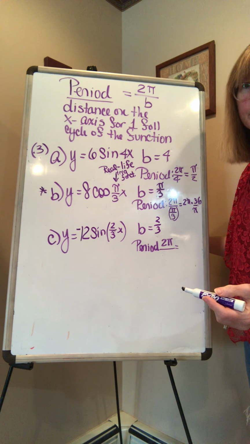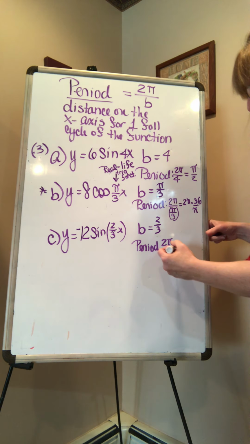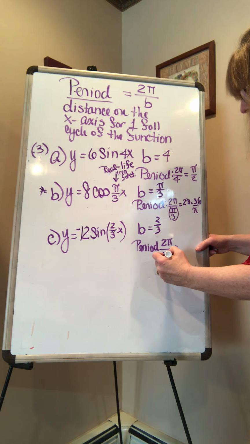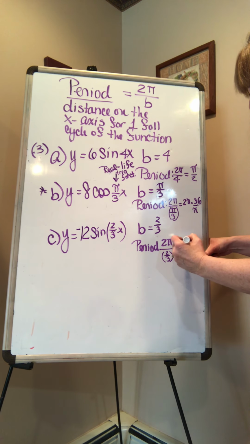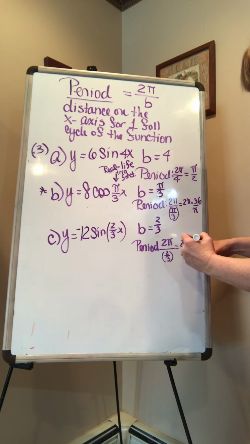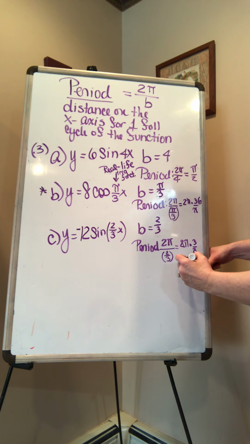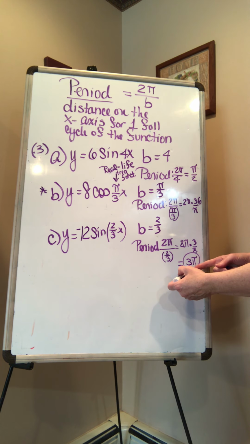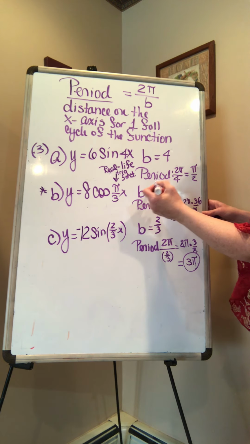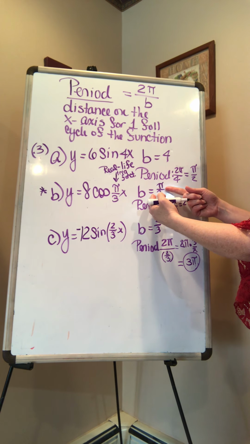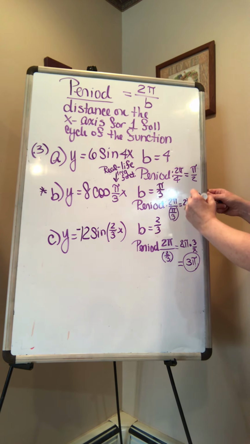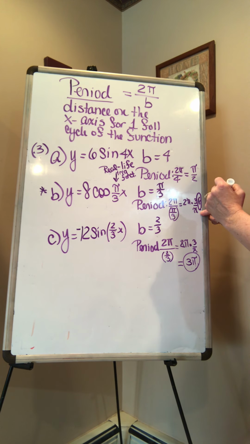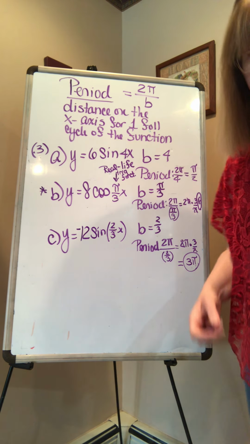So now I know that my period is going to be in radians because I have 2 pi divided by 2/3, which again, 2 pi times the reciprocal, 3/2, this is going to give me 3 pi for my period. So rational frequency, radian period. Radians for my frequency, rational for my period. Very important.